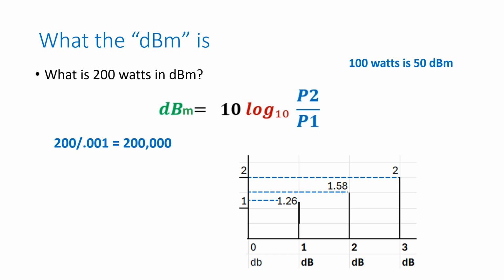We can check that. Let's do the math. Take the log, multiply times 10. 200 watts is 53 dBm, and we've done no math. Well, we've done math to check ourselves, but we really didn't need to do any math. The secret is know what 10 dB is and what 3 dB is. You can do a lot.